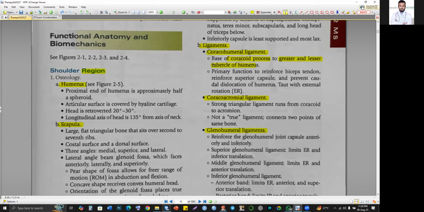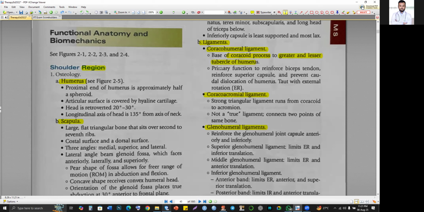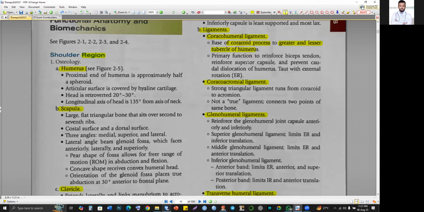I think you know about ligaments: a ligament is a connector of bone to bone, and a tendon is the connector of muscle to bone, right? So here, the coracohumeral ligament connects the scapula with the humerus using the coracoid process and the greater and lesser tubercle of the humerus.